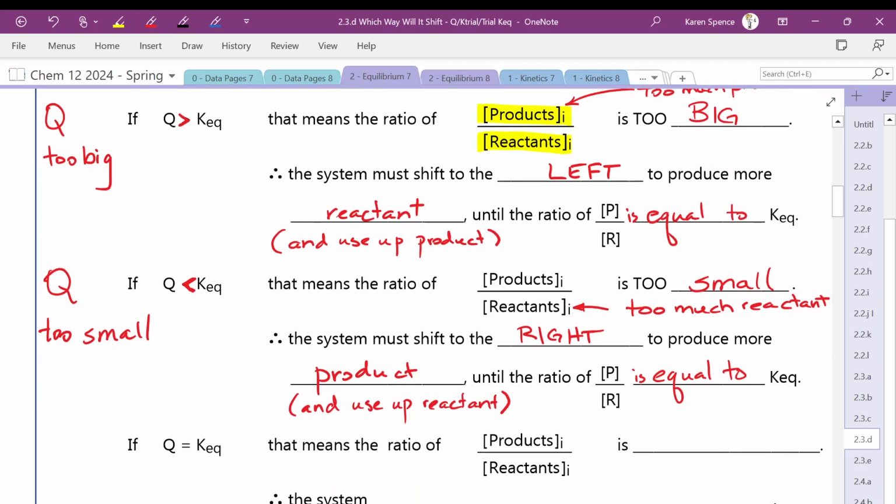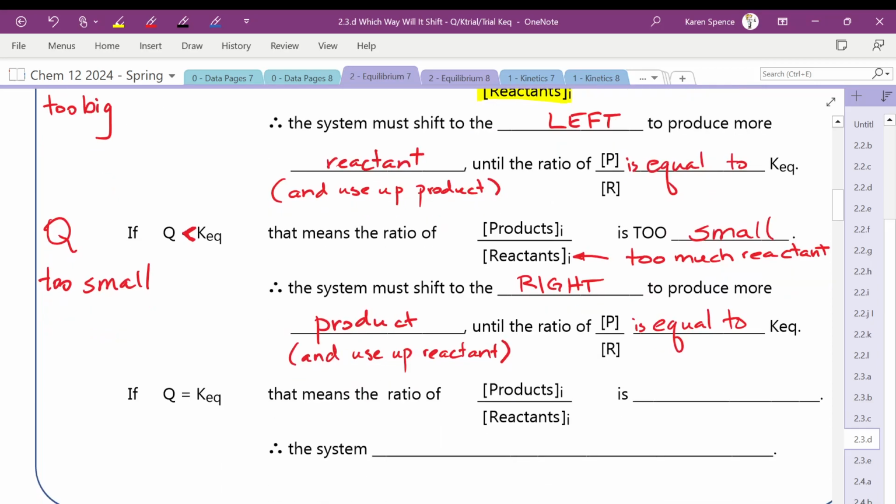Now, what if Q is equal to KEQ? That means that the ratio of product to reactant is perfect, just right. And that means that the system is at equilibrium already.